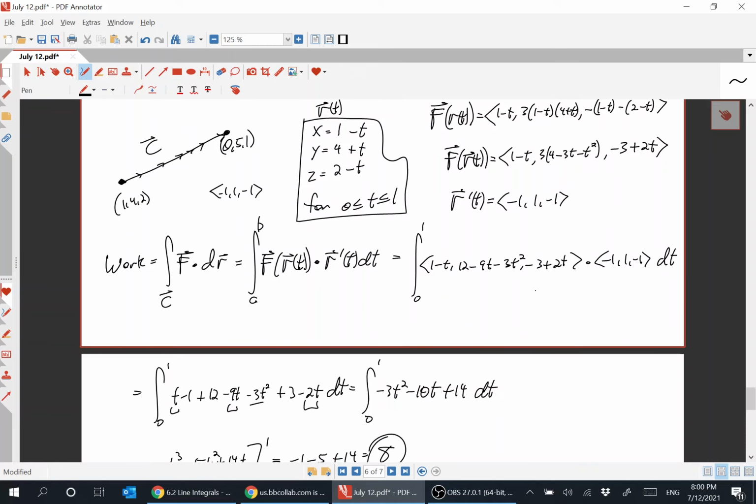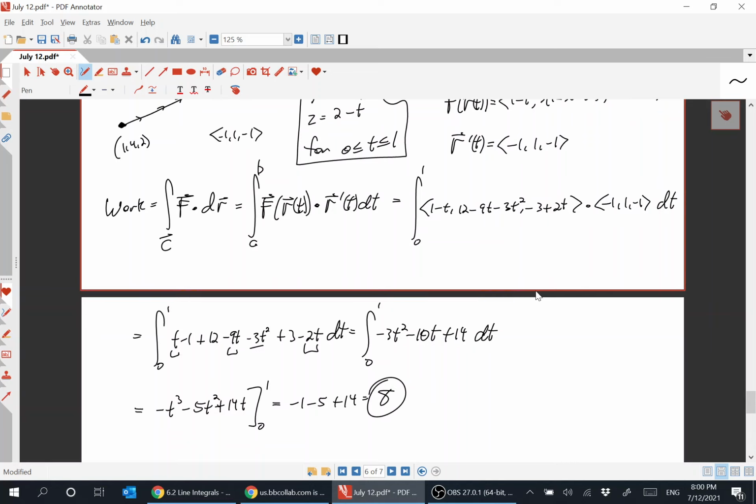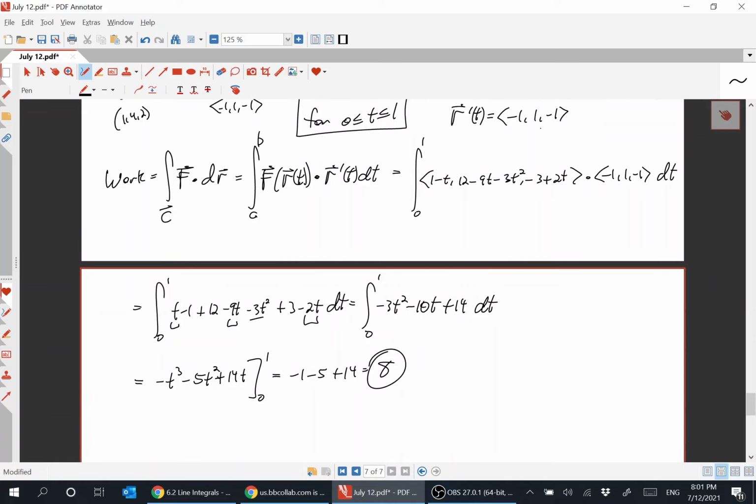So this is t minus 1 plus 12 minus 9t minus 3t squared. No, that's right. So minus 10t and then minus 1 plus 3 plus 12 is 14. No, that's right. So the whole thing there is 8. So the work done is 8.